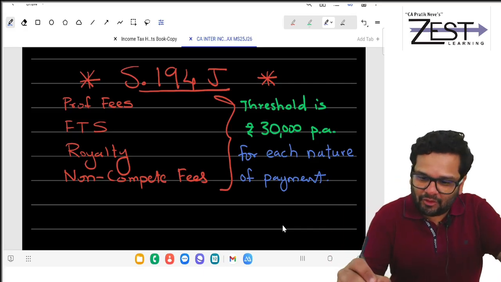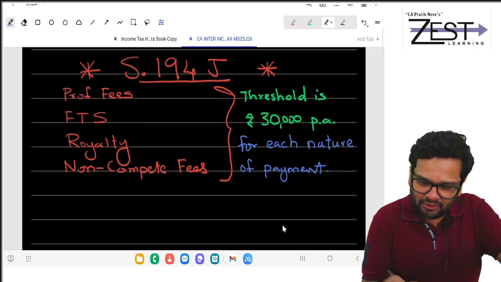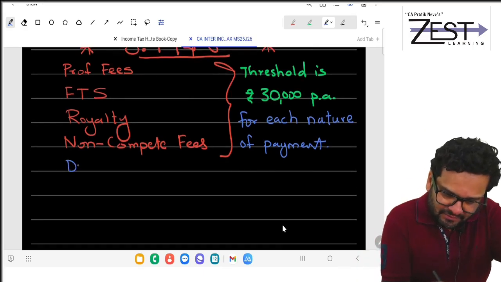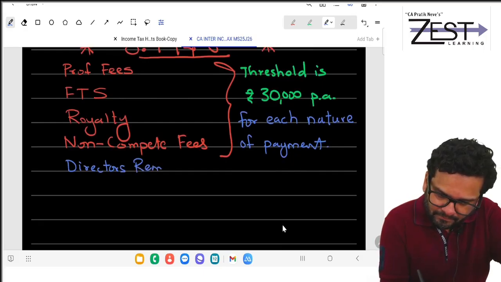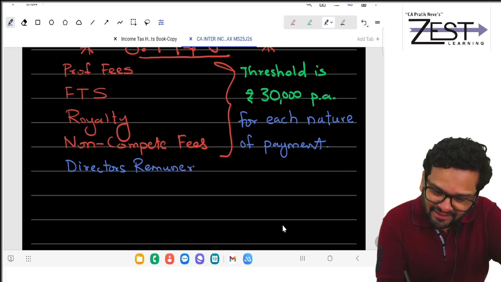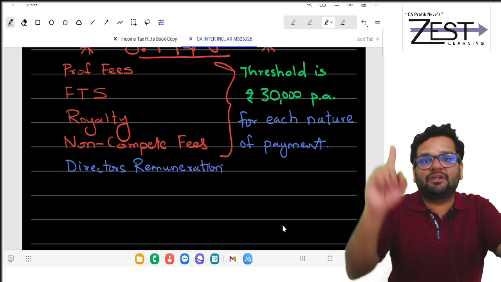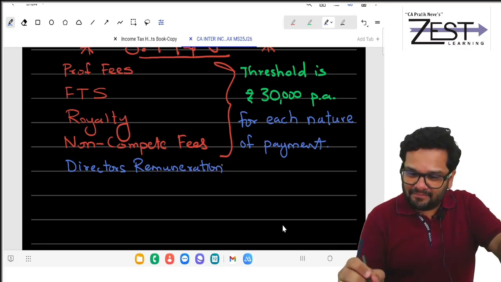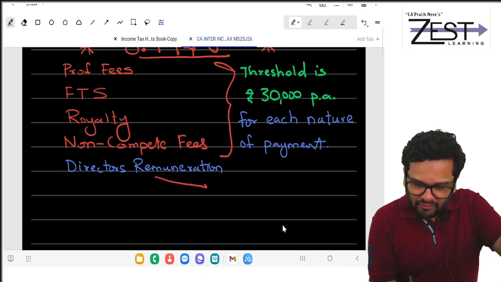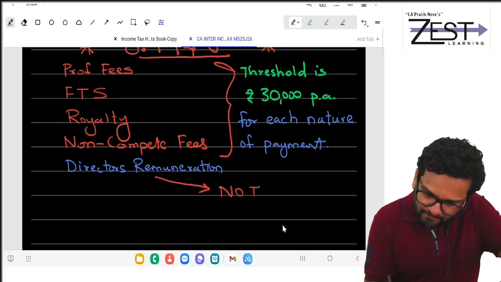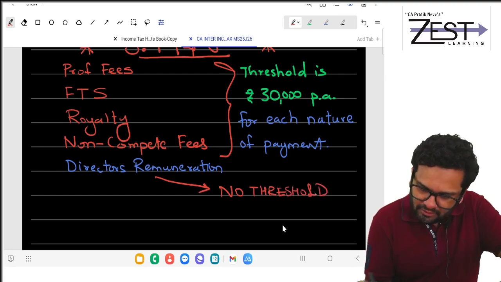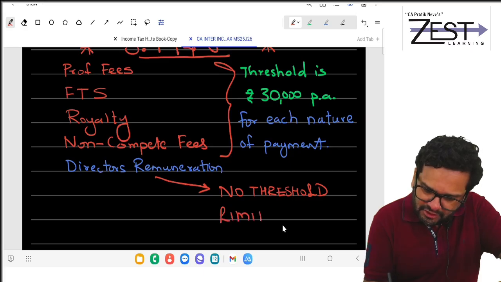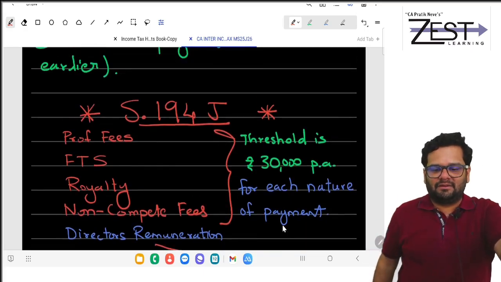And lastly, you have got your directors, not director salary. Director salary will go in 192. Directors remuneration, where there is no threshold limit, means even 1 rupee of this payment will attract TDS at 10%.